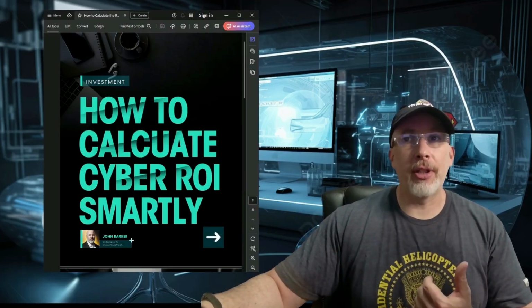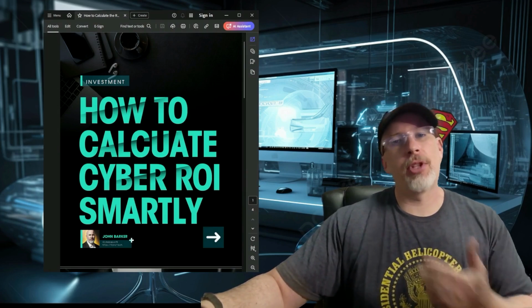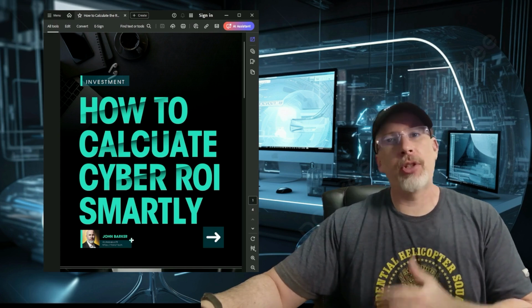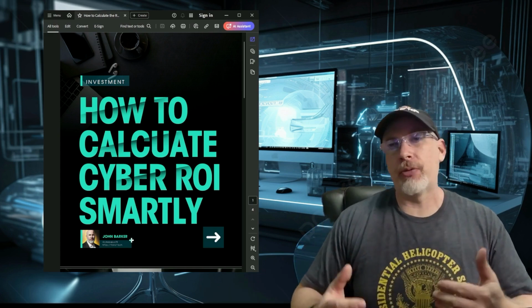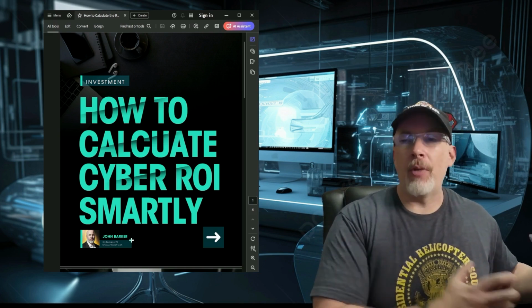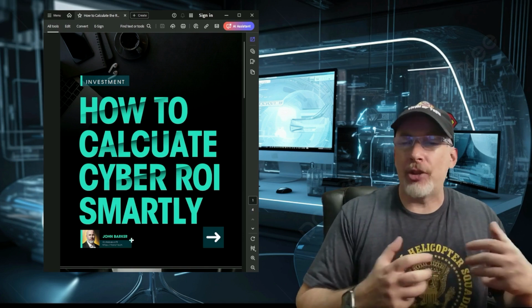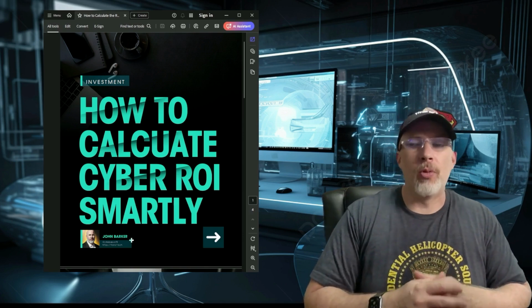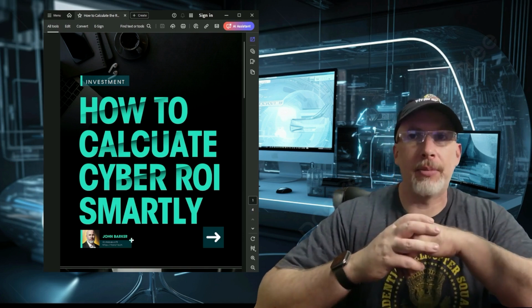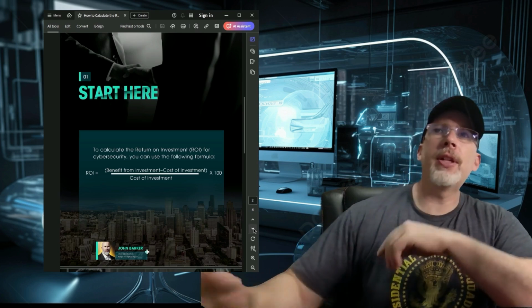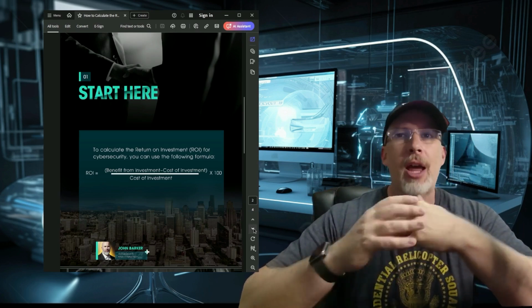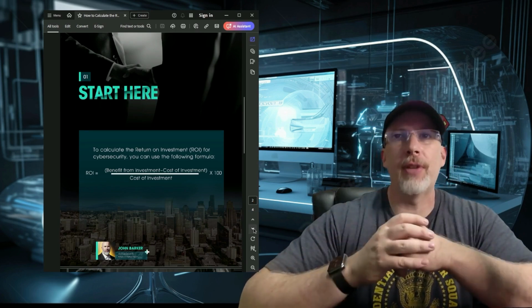So how do you calculate the return on investment for cybersecurity in a way that non-technical business leaders would actually understand when you go in and ask for the budget for additional tools and additional staff to help protect and manage the risk within the environment? Let's start with a very basic formula to calculate a general return on investment.